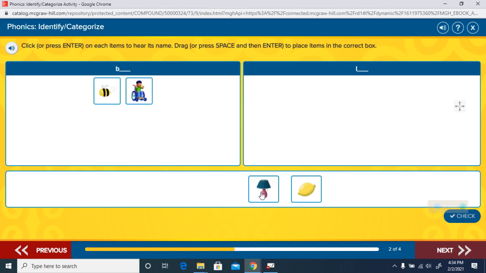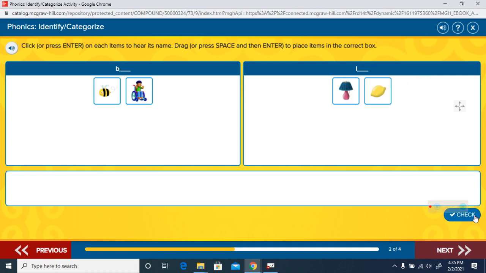What sound does lamp begin with? Lamp begins with the L sound. It goes over here. Lemon. What sound does lemon begin with? Lemon begins with the L sound, so it goes on this side as well.